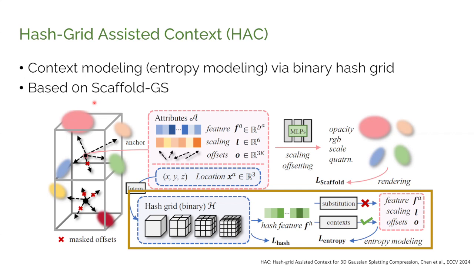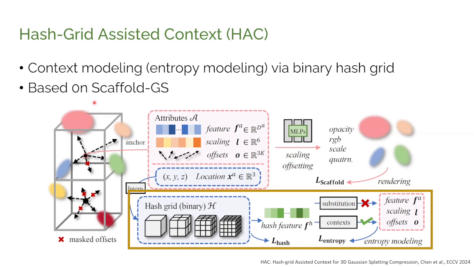in this context modeling, for a particular Gaussian, if you can predict the attribute of the Gaussian, then you are very certain about the Gaussian attribute. So if you can predict better attributes, then you can reduce the entropy, and that will lead to a very high compression ratio.